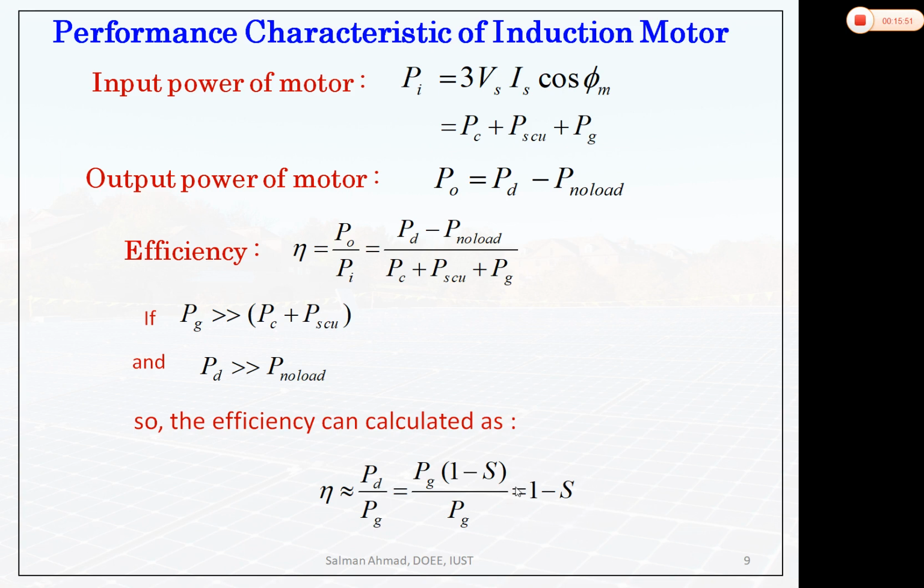From here you can see that if slip is very small, efficiency will be very good. If slip is high, then efficiency will become less. In competitive exams, if the efficiency of the induction motor is asked, you can use this formula to approximately find the efficiency.